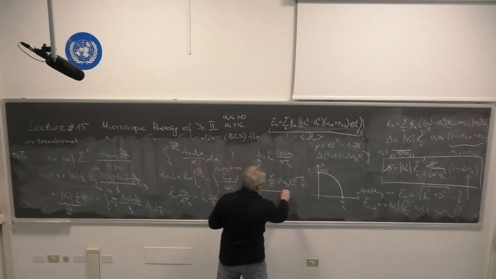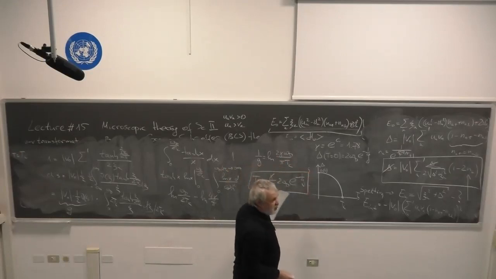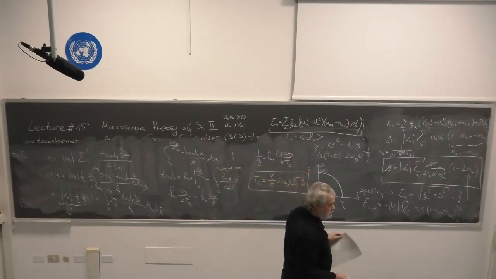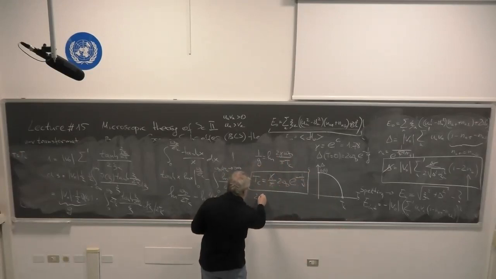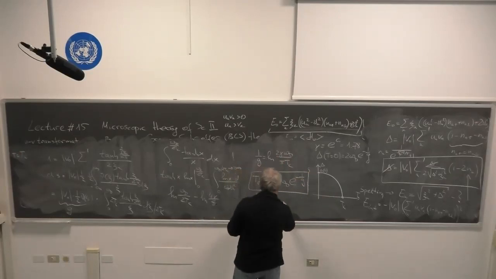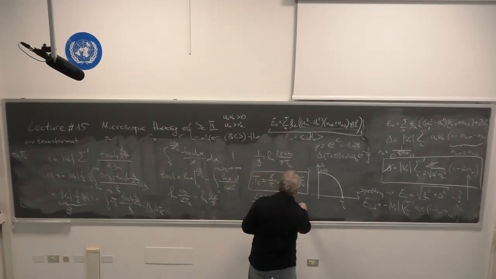So you see that my intuition was correct, that the critical temperature is of the order of the gap. Moreover, if I take twice the gap at 0 temperature and divide it by Tc, I will get 2 pi divided by gamma. If you plug in the numbers, this is 3.5.